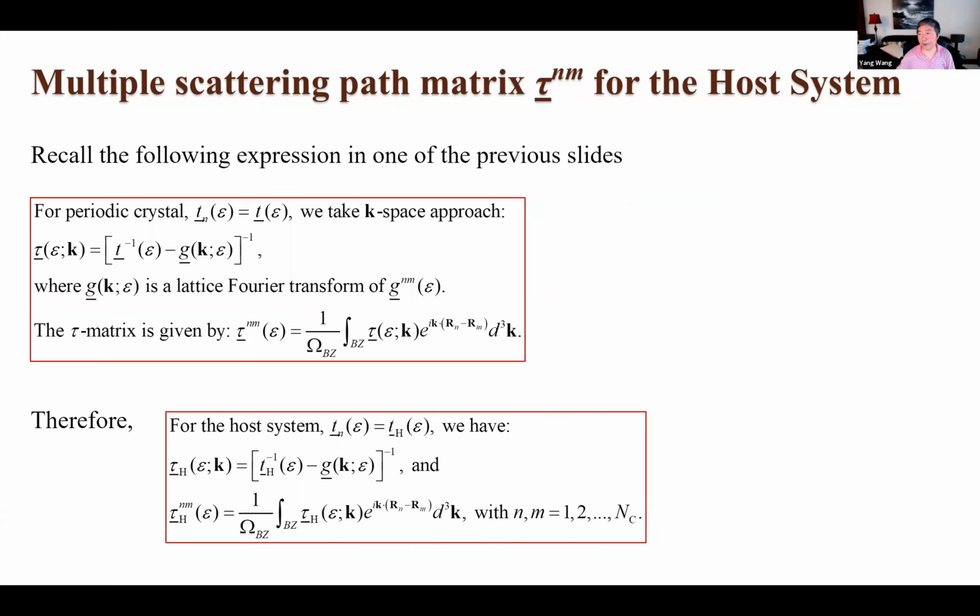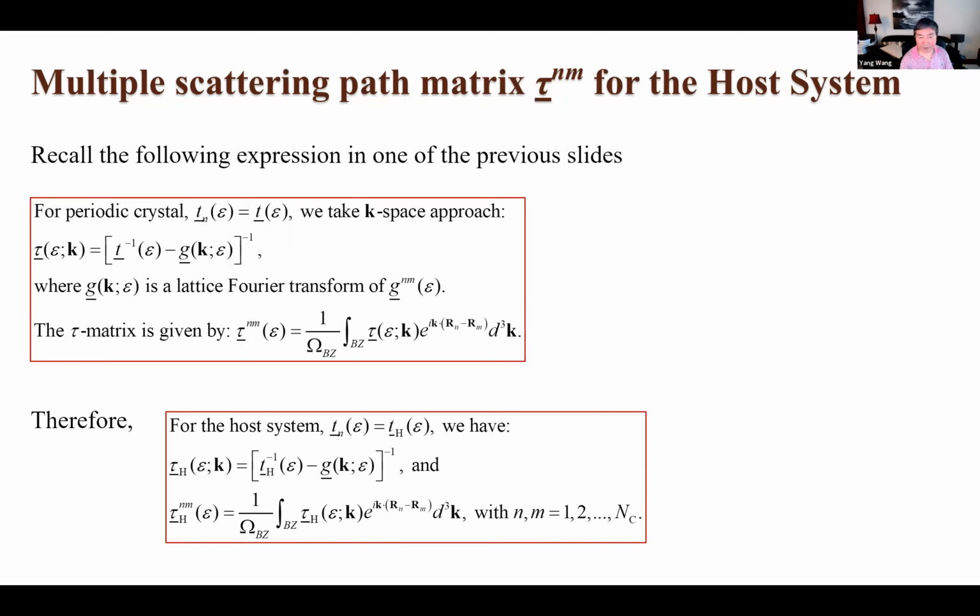Down the road, we're going to do LIZ embedding, which will have a cluster of atoms embedded in an effective medium. The effective medium could be a typical medium, so we'll still have to work out how that typical medium is calculated. But no matter how we calculate the effective medium, we have to find out what the T_C is, how to find the T matrix for that effective medium.